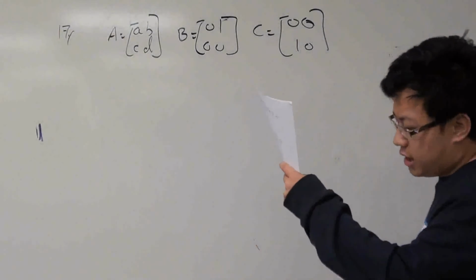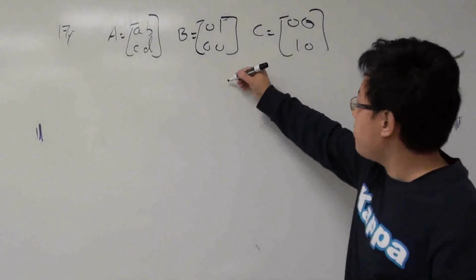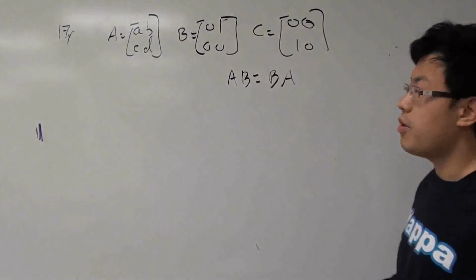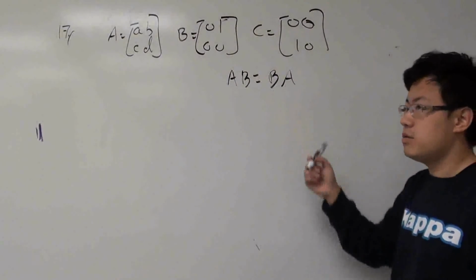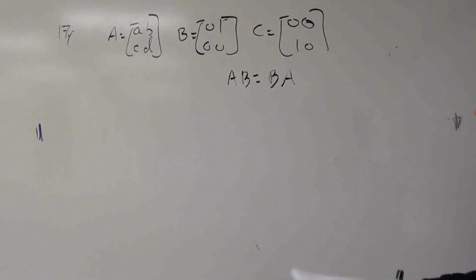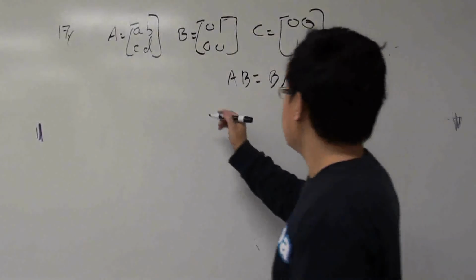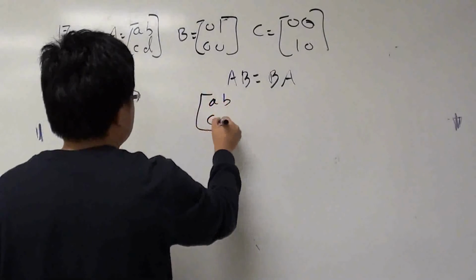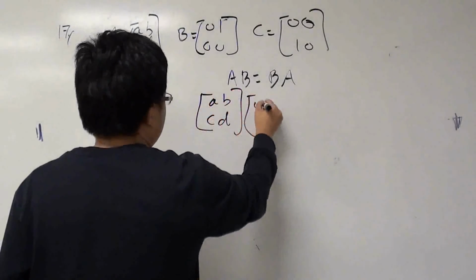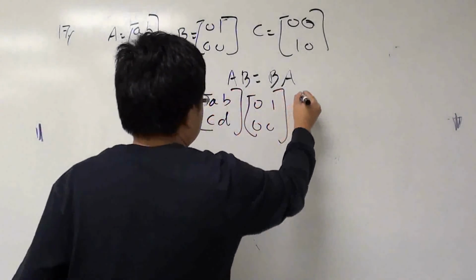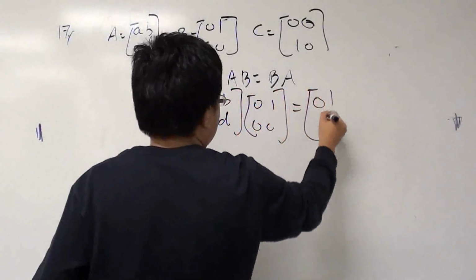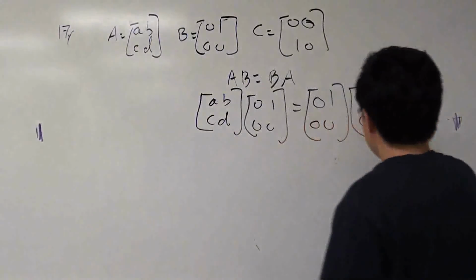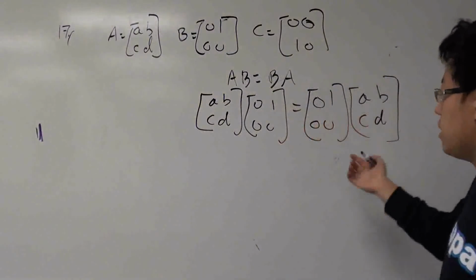So what is it asking? If A and B are commutable, which means AB and BA are going to be equal, what do the values have to be? Well, let's literally just copy and paste, if you will. A, B, C, D times 0, 0, 0, 1 is equal to 0, 1, 0, 0 times A, B, C, D. Let's just check.